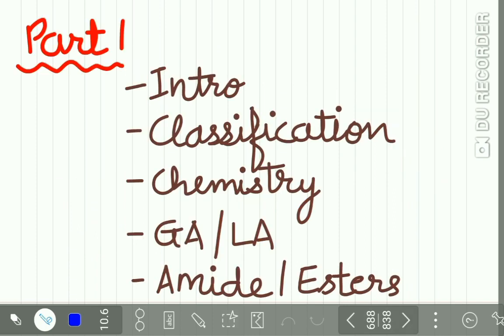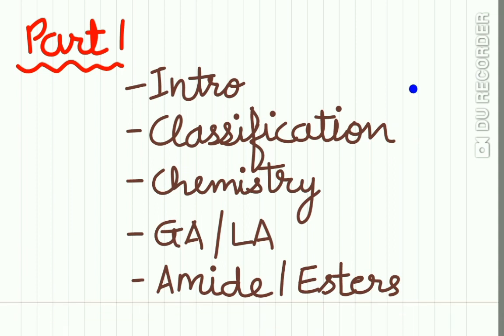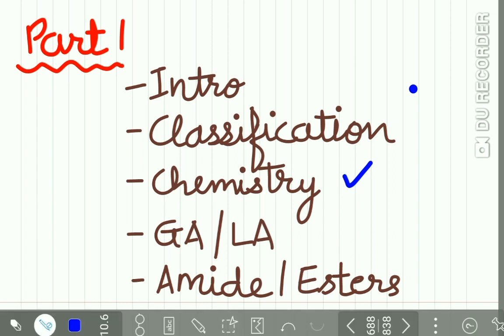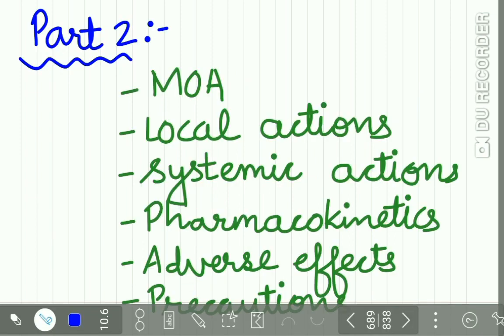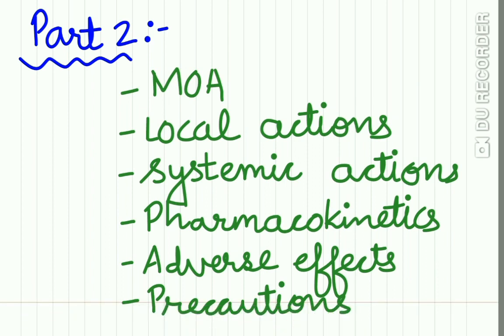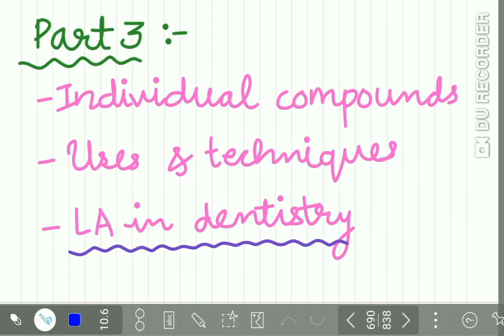In part 1, we will be studying the introduction to local anesthetics, the classification of local anesthetics, the chemistry of local anesthetics, then the difference between general and local anesthetics, and the difference between the amide and ester group of local anesthetics. In part 2, you will be studying the mechanism of action, local actions, systemic actions, pharmacokinetics, adverse effects and precautions to be taken while using the local anesthetics.